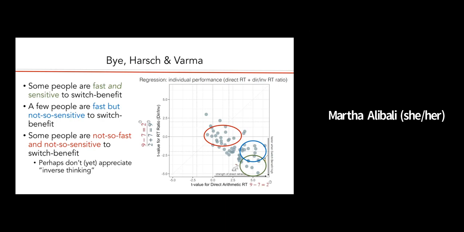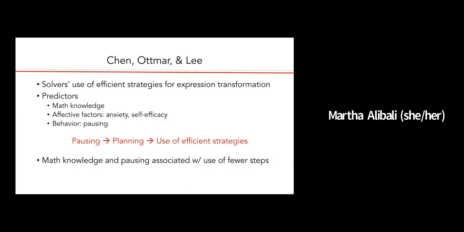In some discussion we had offline, Jeffrey mentioned that perhaps those individuals are not yet appreciating inverse thinking or recognizing this potential benefit of switching at this moment, that this may have to do not just with fluency, but also an appreciation of the inverse operations and how they relate here in these missing addend problems.